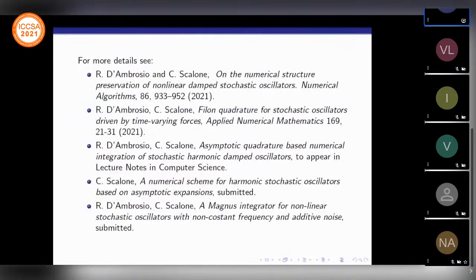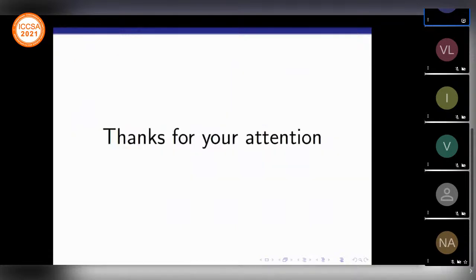If you are interested, we are deeply studying stochastic oscillators, and I give you some references. So I can conclude now, and thank you for your attention.